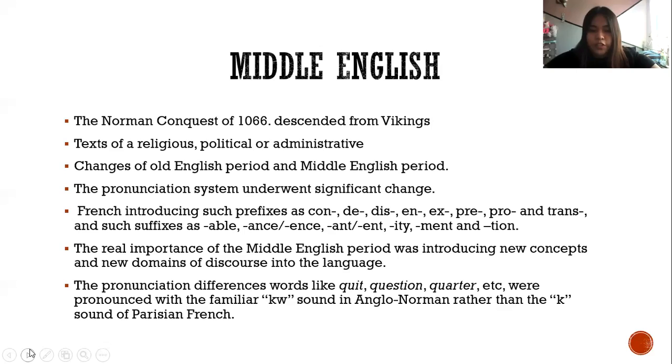The pronunciation system underwent significant change. Several consonants and vowels altered their values. New contrastive units of sound, like phonemes, emerge.